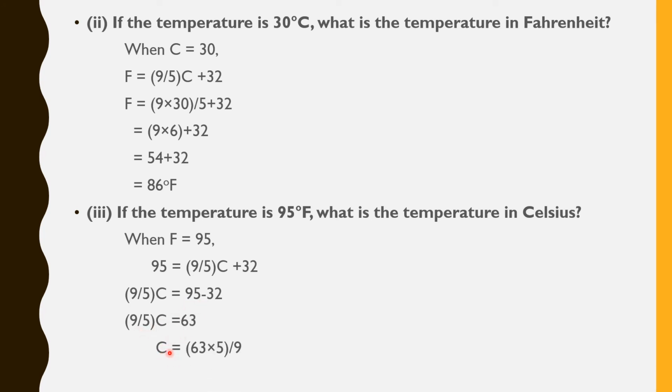Now taking 9/5 to the RHS, it will be inverted and give 5/9. Solving this, C would be 35 degrees Celsius. So when F is 95, C is 35.